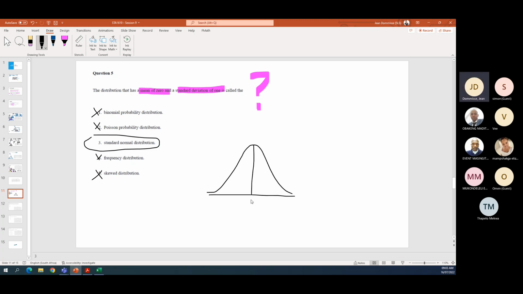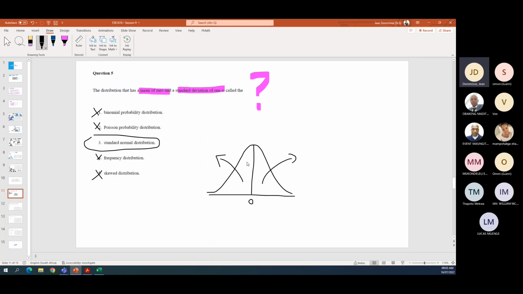Mean is 0, so mean is in the middle. As always, the mean will divide the normal distribution into 2, that we set with 50% or 0.5 on the one side, 0.5 on the other side.